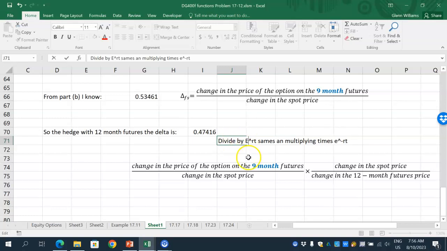Because in the textbook solution, they just say, multiply it times e to the minus RT, and it took me a long time to say, oh man, shouldn't they be dividing? They are dividing. They just changed the sign on the exponent.